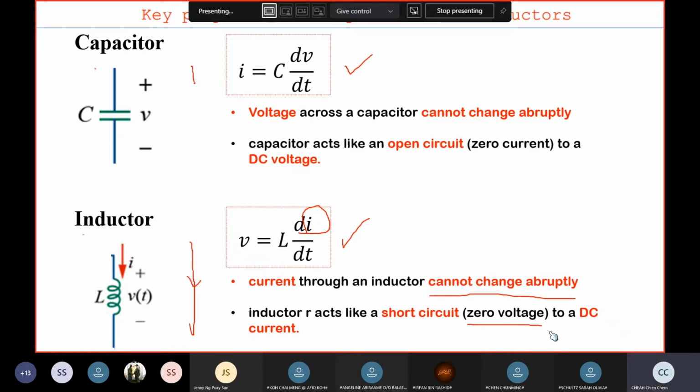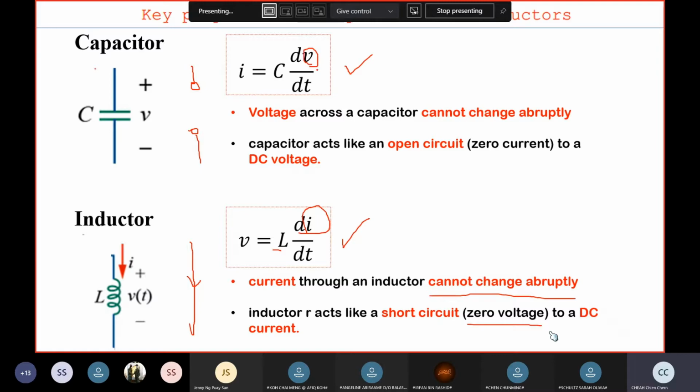So the capacitor behaves like an open circuit under DC conditions, while the inductor behaves like a short circuit under DC conditions. As I said, once you can write down these two equations, you can deduce these properties very easily. So firstly, current cannot change suddenly for an inductor. Voltage cannot change suddenly for capacitors.